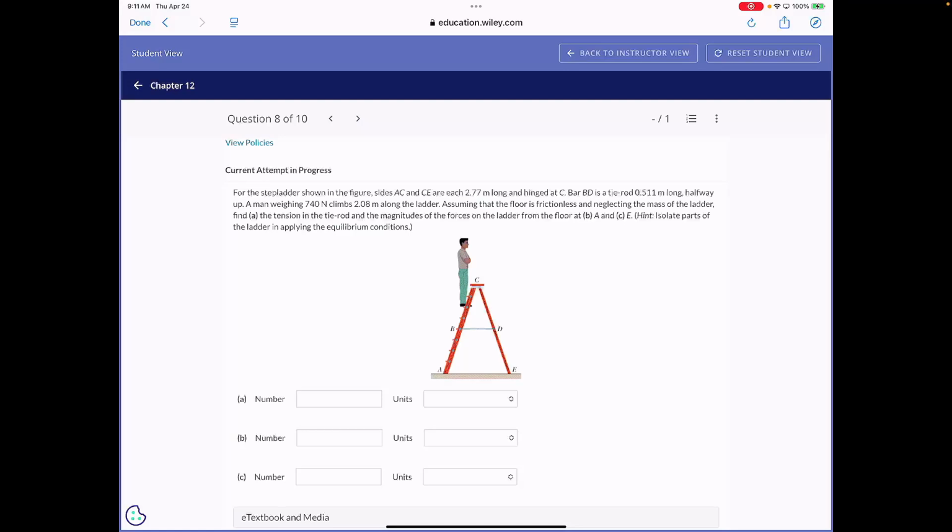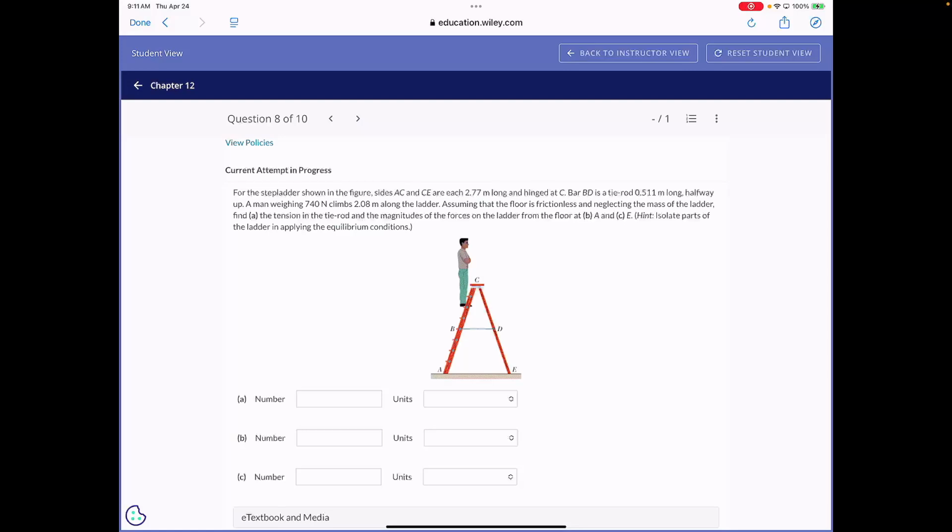Think very carefully about what's going on at the top of the ladder. I gave you a hint that this side is acting like the wall. But this wall is not frictionless. There's no friction up here, to be clear. It's like a bolt, a piece that articulates.